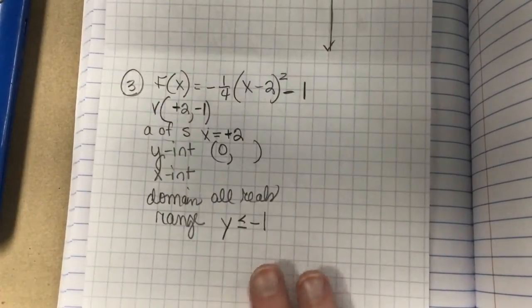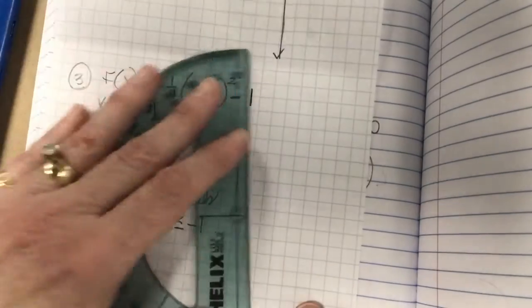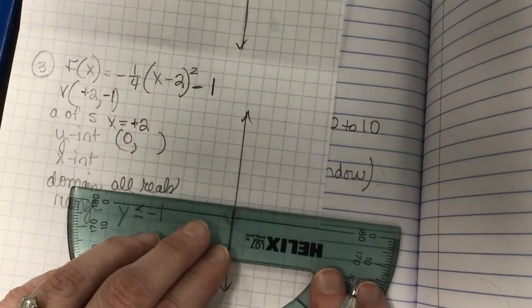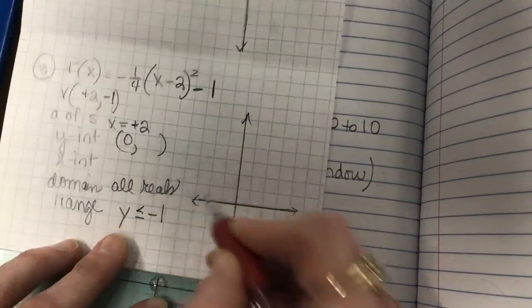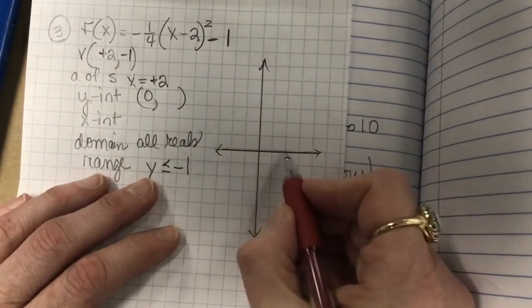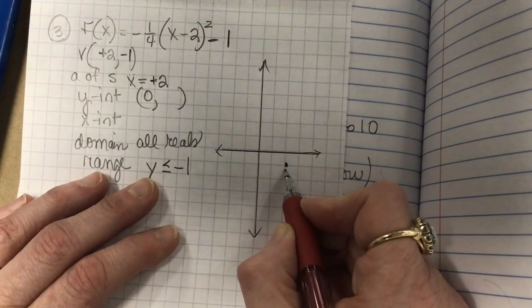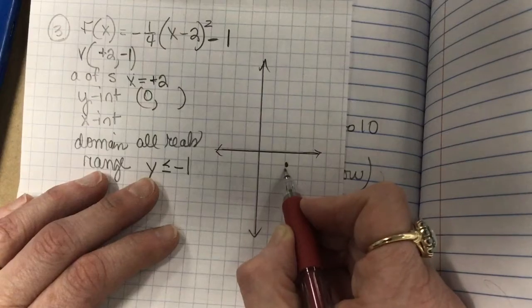Okay, quick graph. I'll just use this protractor. Okay, 2, -1, that's not bad, so just a regular X and Y axis will work. Opens down. We're going to go down 1/4, just a little bit. It's actually halfway to half.